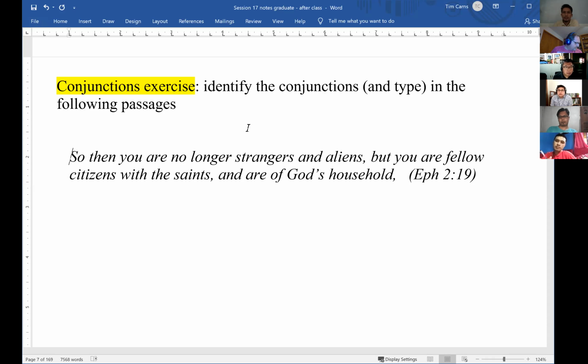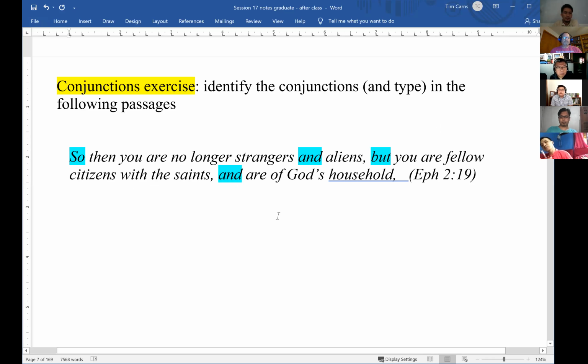The conjunctions are the words so, and so in the beginning, and then the and in the strangers and aliens, and the but in but you are fellow citizens with the saints, and the last and are of God's household.